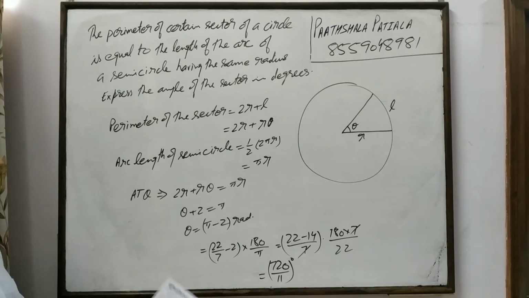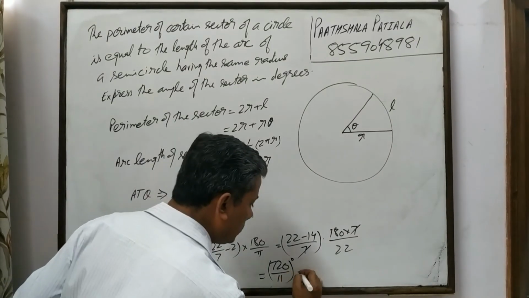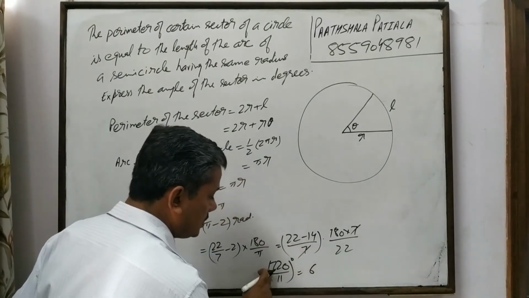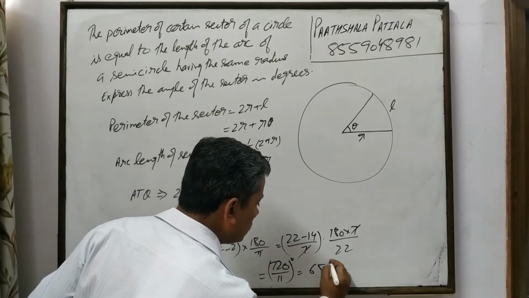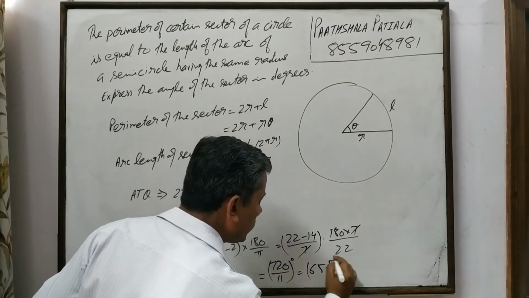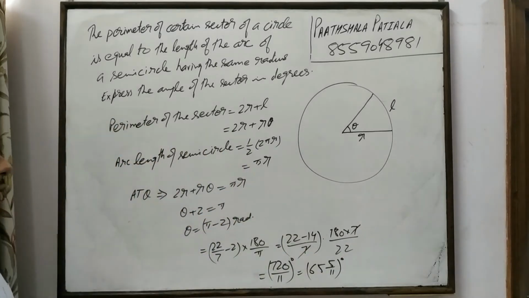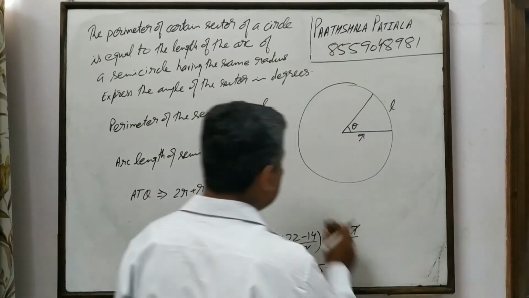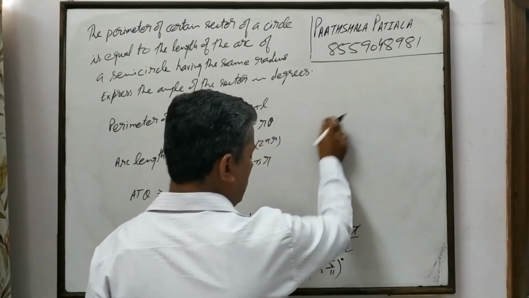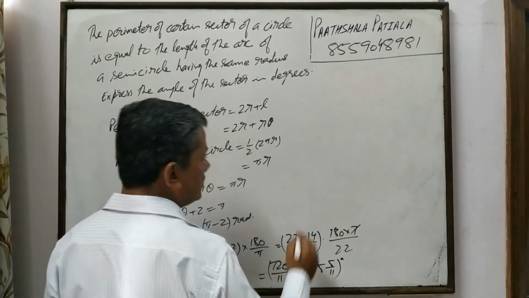Now you can convert this into a mixed fraction. 11 6s are 66, 60, so 65 and 5 by 11 degrees. Now multiply this fraction by 60 to convert it into minutes and seconds.